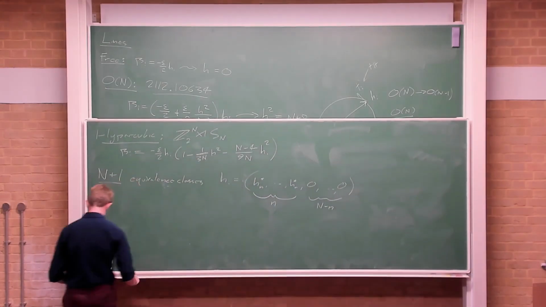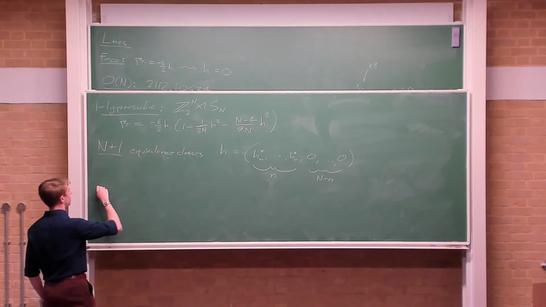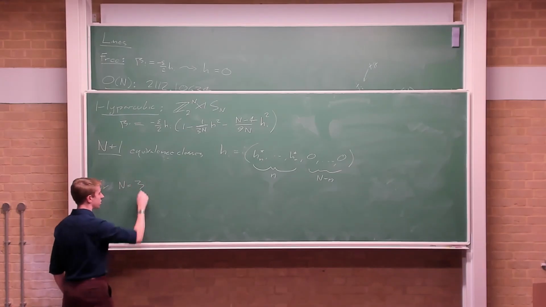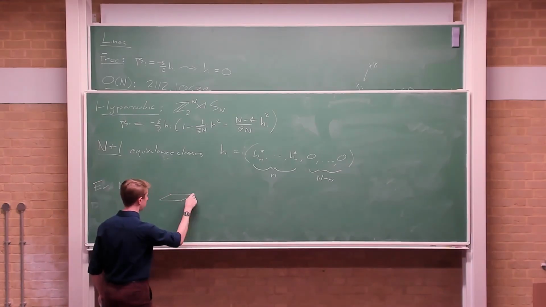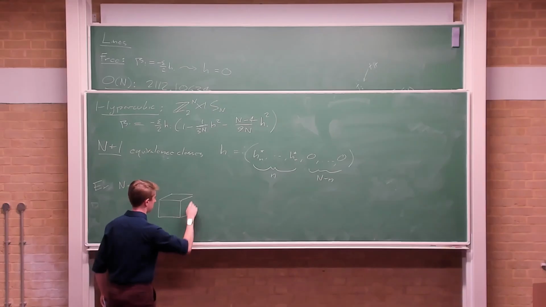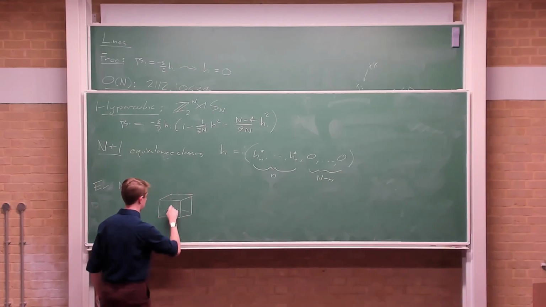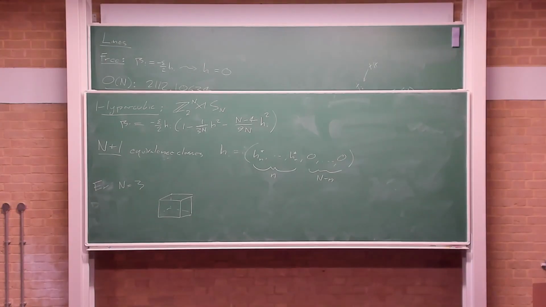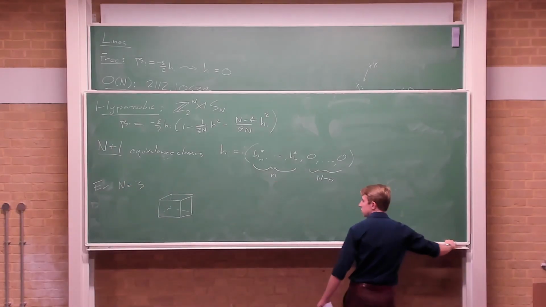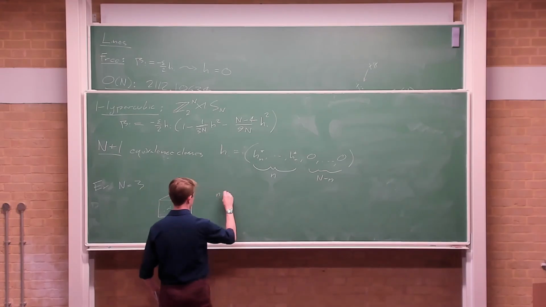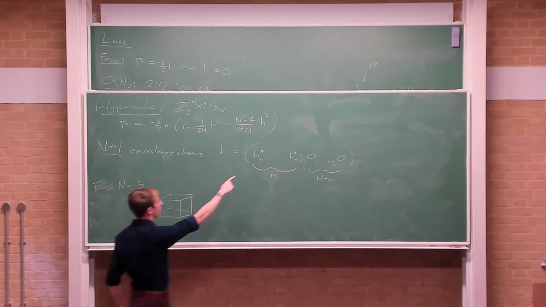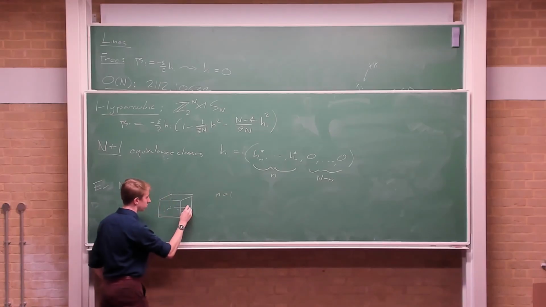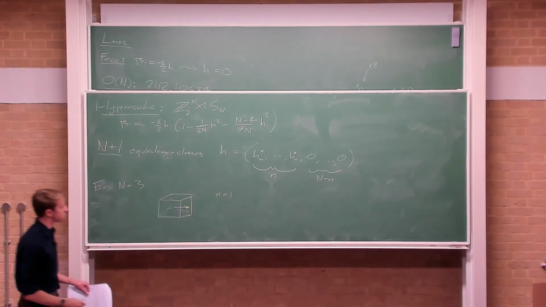So for instance, for n equals 3, it's easier to visualize things because there the hypercube is just a cube. If we take little n equals 1, we only have one non-zero component. You'll see it just points to the center of a face.